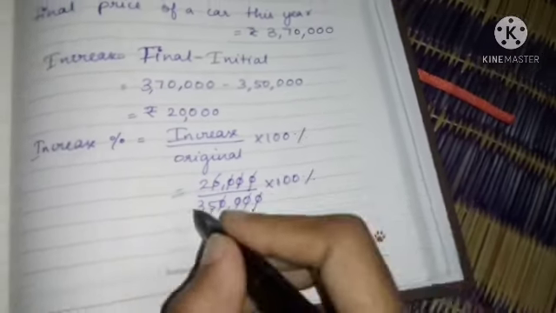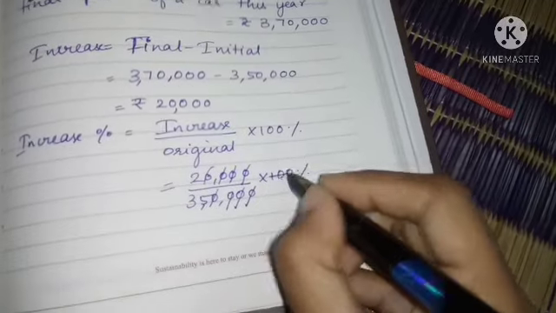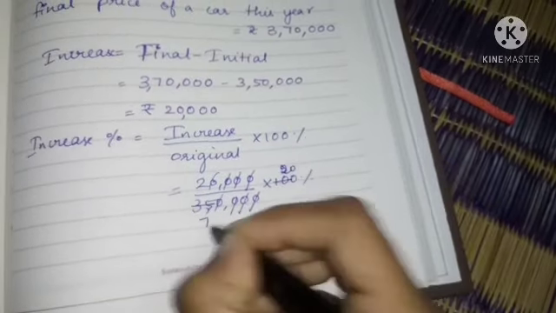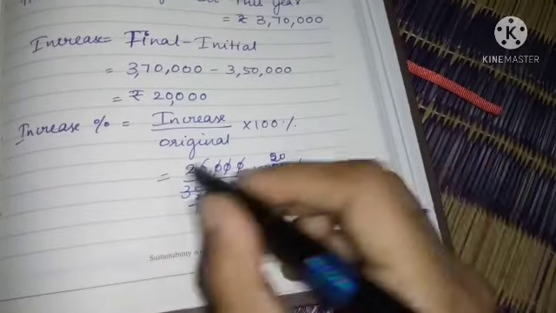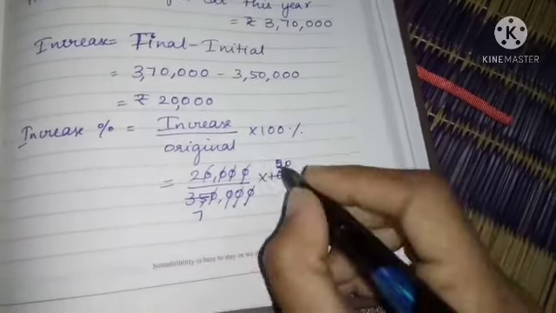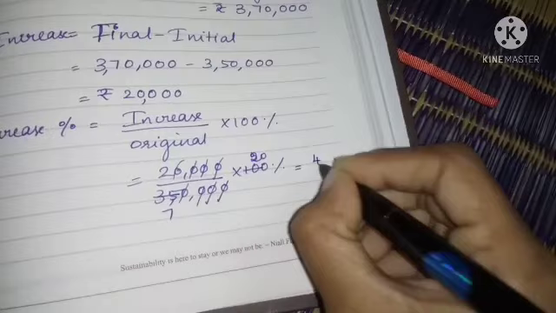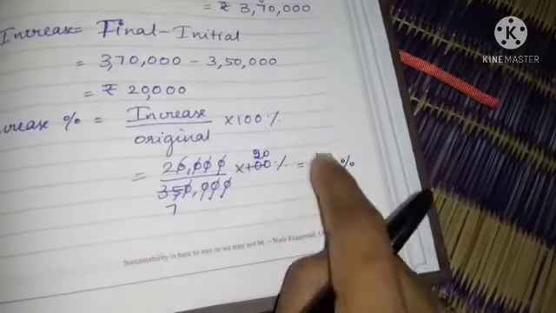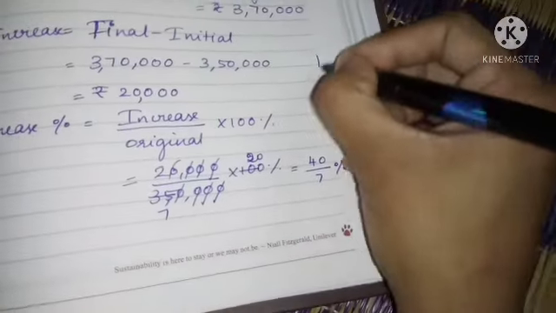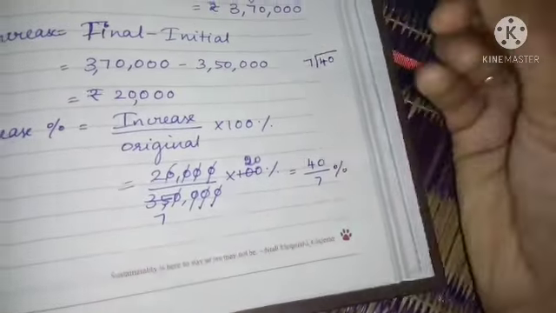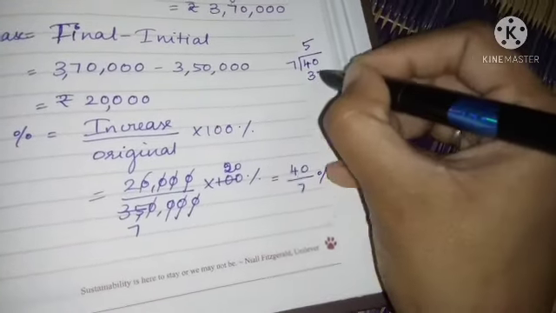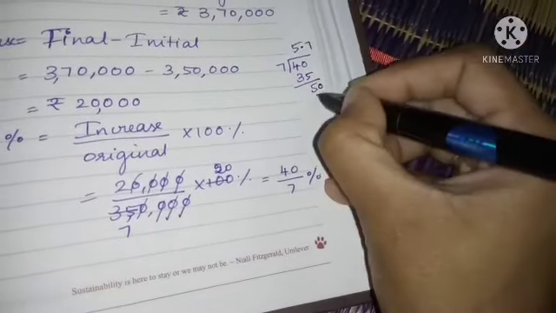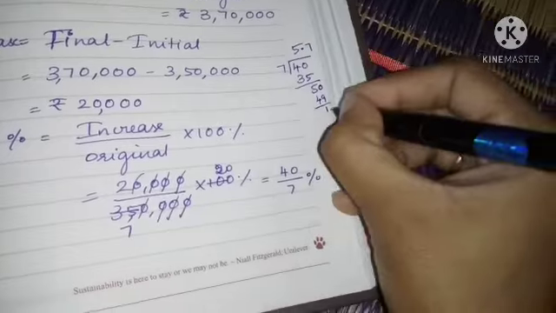Okay. Now, in the fifth table, 2 into 2 is 4, 40 divided by 7%. Again I am doing this in the 7 table. 7 5s are 35, remainder 5, 0. 7 7s are 49, remainder 1, 0.